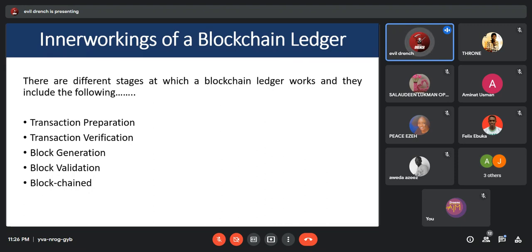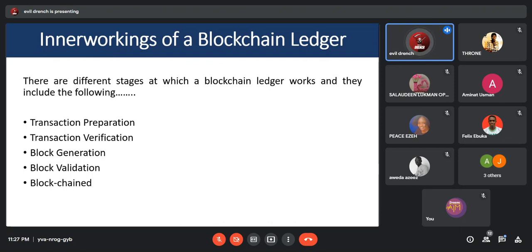So at this stage, let's say Obina creates a transaction that includes the public address of the receiver, right? It has to go with the source digital signature and the transaction message. Immediately it does this, the transaction is made available to the whole blockchain.